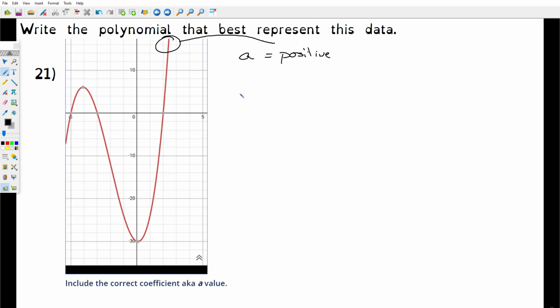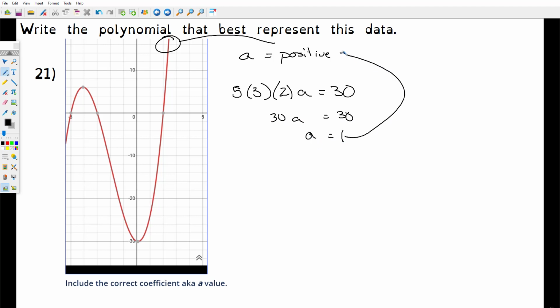And so let's go ahead and find our a. 5 times 3 times 2 times a equals 30. So 15 times 2 is 30. a equals 30, so a is equal to 1. And since it needs to be positive, then it's a positive 1.